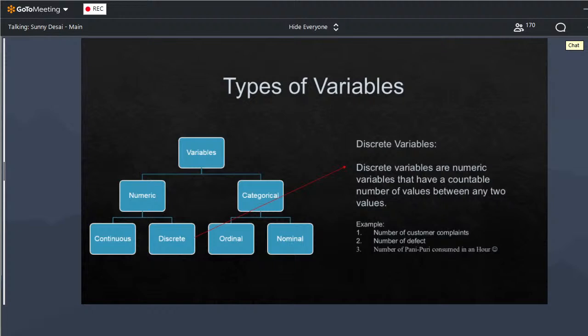Or if you're Jeff Bezos, then you can have more than 200, 300 cars. But you cannot have 200.5, 200.2, 200.8 cars. So there is a finite number of possible values that you can record for an observation, and these are known as discrete numeric data.